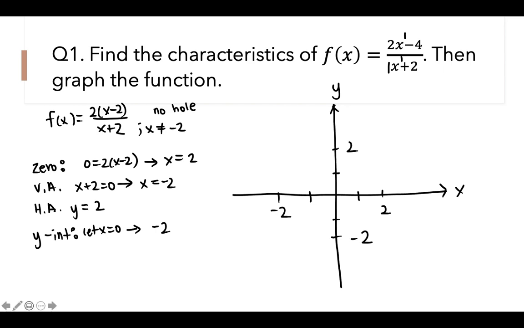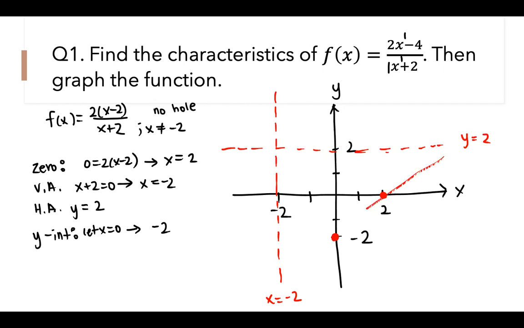Using a different color, I have the vertical asymptote at x = -2, and a horizontal asymptote at y equal to 2. I have the y-intercept at -2 and a zero at 2. Just by looking at it, I can connect the points like this.